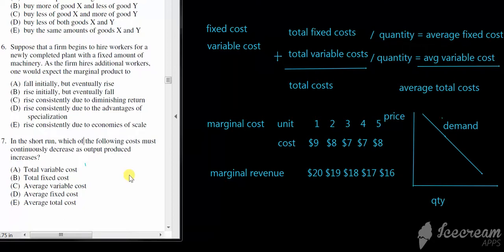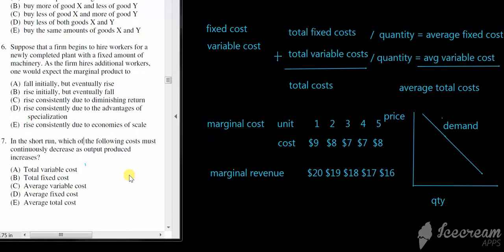Well, I take it back. Total fixed cost is not a good choice, right? Total fixed costs don't change. It doesn't matter how many I make or how many I don't make. The total fixed costs stay the same. So we're not expecting total fixed costs to continuously decrease.